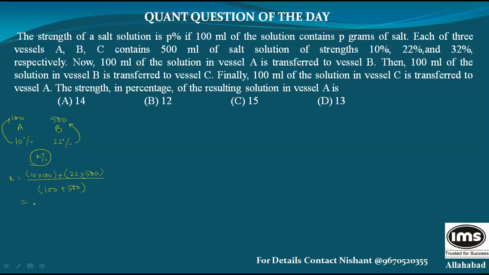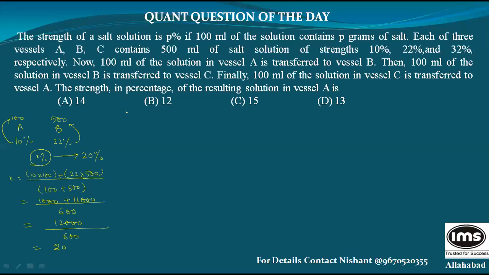So this gives me 1000 plus 11,000 divided by 600, which is equal to 12,000 divided by 600, which is equal to 20. So we can say the concentration of this is 20%.